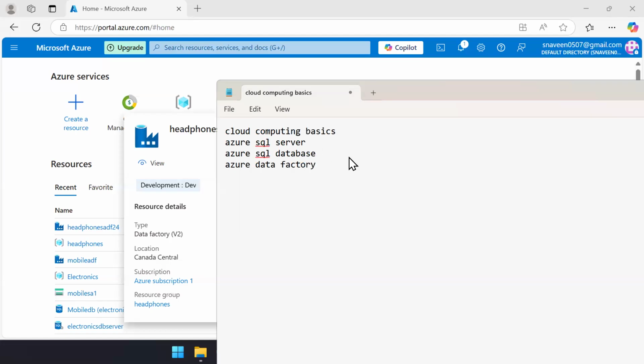Then Azure Databricks. In Databricks, we'll be talking about Spark, PySpark, Hadoop. Of course, Hadoop comes first. Maybe if I have to keep it, I'll keep it here.